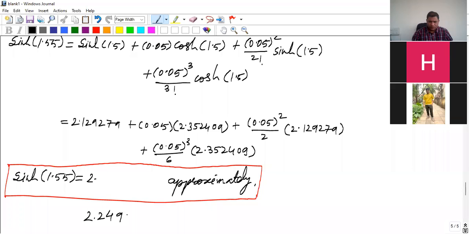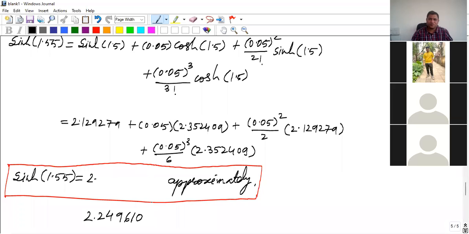We'll verify with the others. Let us wait for others to calculate. If anybody is getting a different value than this, you can tell me. Otherwise, we'll accept this value.